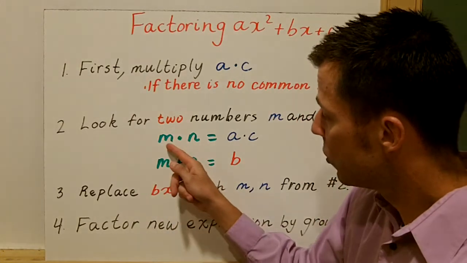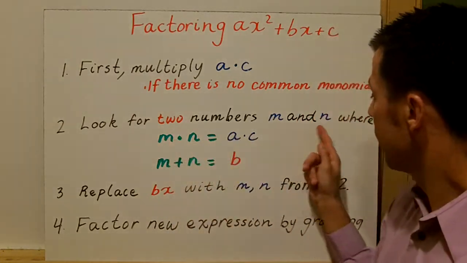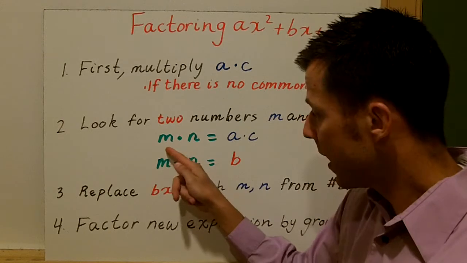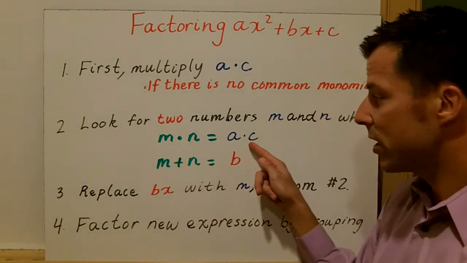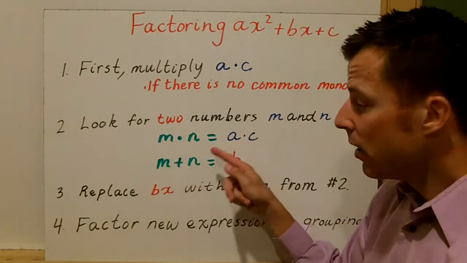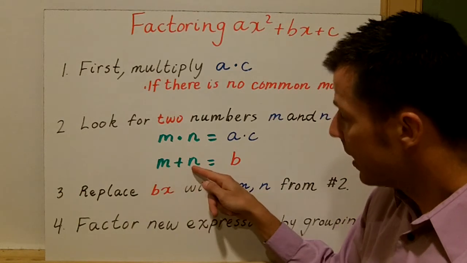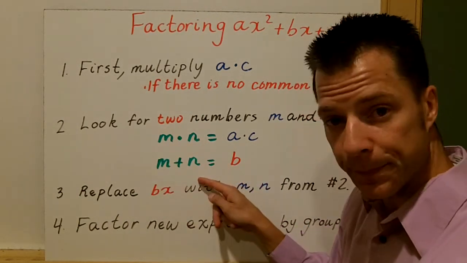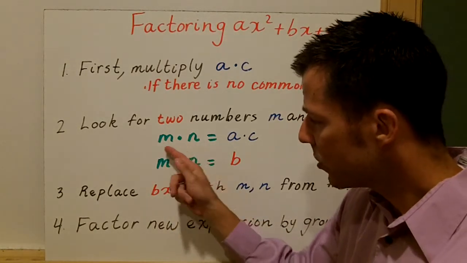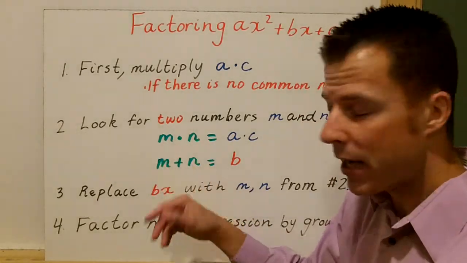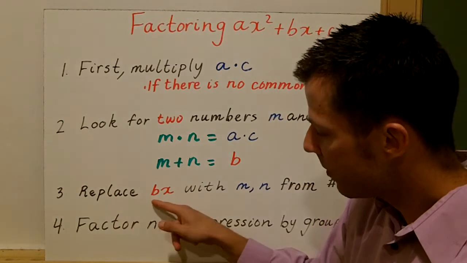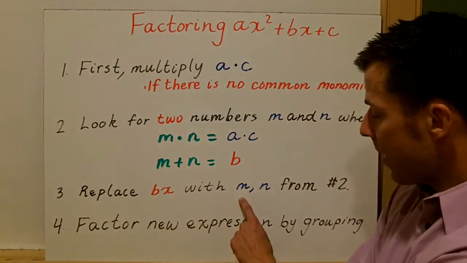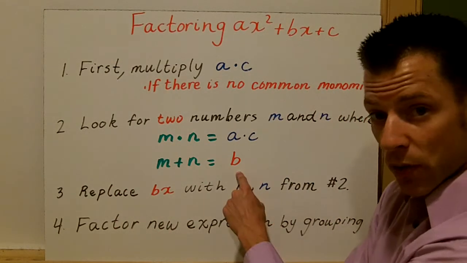Once you do that, there's 2 things you're looking for. You're looking for 2 numbers, m and n, where the product m times n is equal to a times c. Then m plus n has to equal that b term. So this is really important. Once you figure those 2 numbers out, if it's possible, we're going to replace the bx term with m and n from number 2.